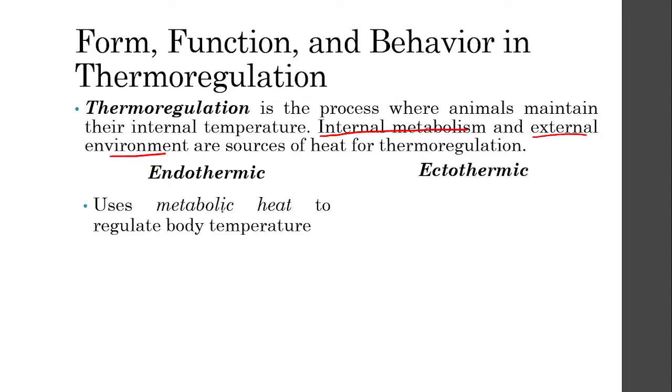So metabolic heat is related to our internal mechanisms. That's why a lot of endotherms are actually regulators. They can regulate their own body temperature using various inner body mechanisms, because endotherms use their own metabolic heat, or the heat that the body produces, to regulate their temperature.